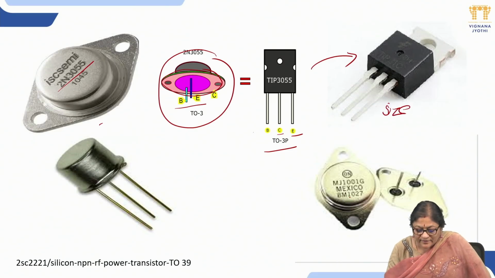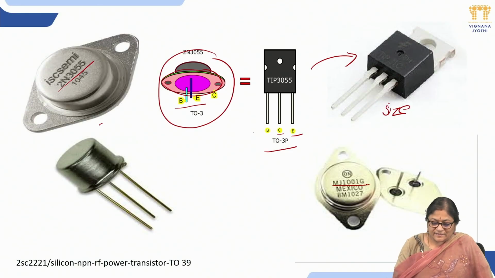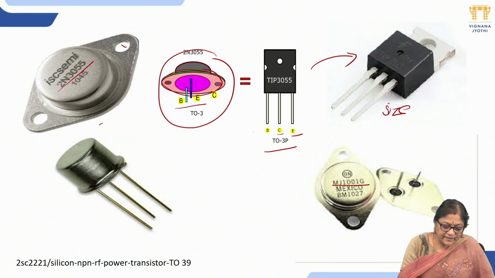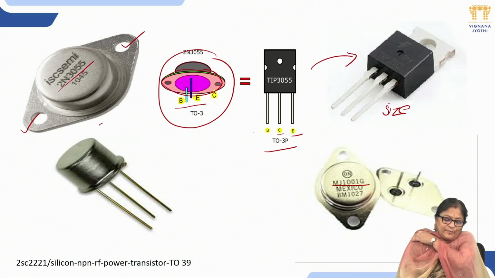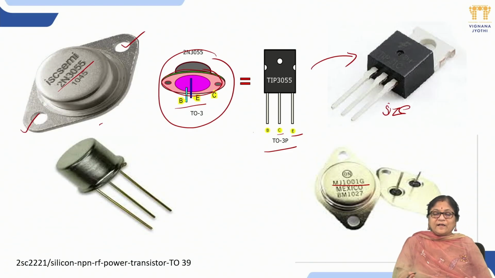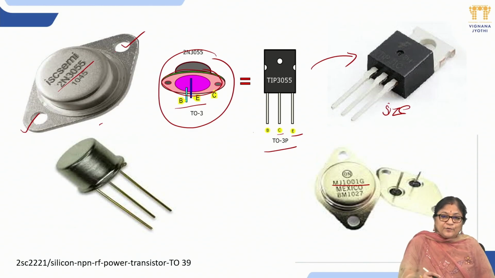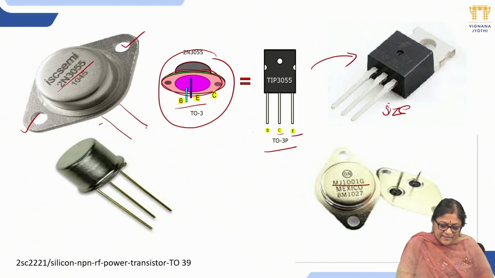And if you look at this one, it is the MJ series 101Z. The sizes will differ, and these holes are used to connect this power transistor onto a base or onto a PCB. We have to use some screws through this, and only two pins are coming from here. These two pins have to be soldered on the PCB. And this is a TO39 package, having a cup kind of structure and three terminals.